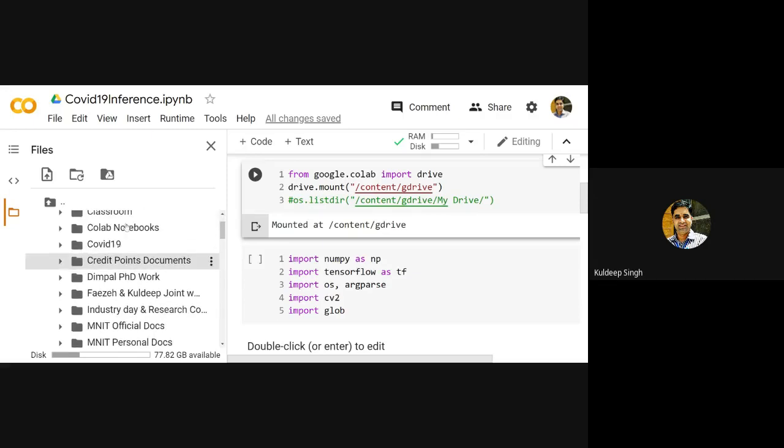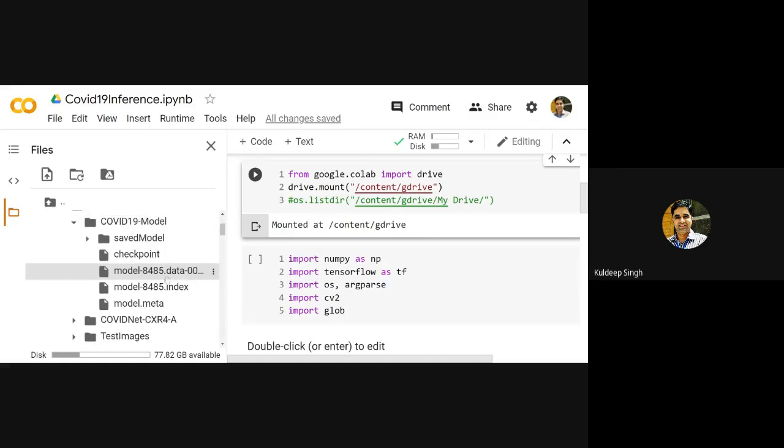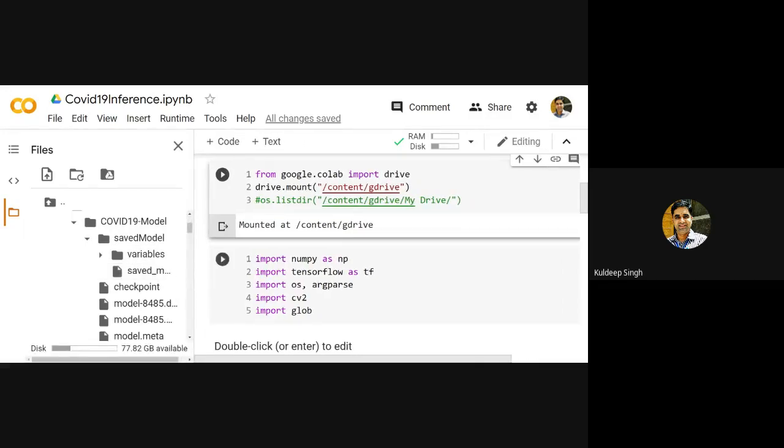In my drive, I have a folder COVID-19. In COVID-19, I have a model which was already trained earlier, and I have saved it here. It is saved in the form of .pb. So whenever I'm accessing this model, I have to define that path in my script.